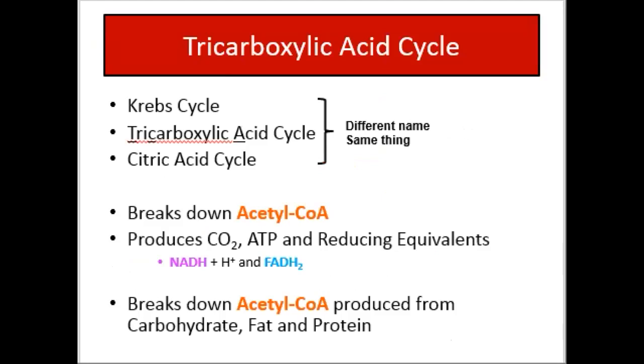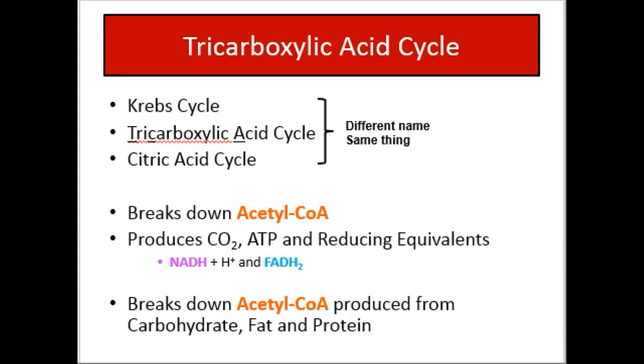So what we're going to look at now is the tricarboxylic acid cycle, or the TCA cycle, that breaks down acetyl-CoA within the mitochondria. Again, this is an aerobic pathway, meaning that it occurs in the presence of oxygen. The TCA cycle is also known as the Krebs cycle, as well as the citric acid cycle, and this is again referring to the same thing.